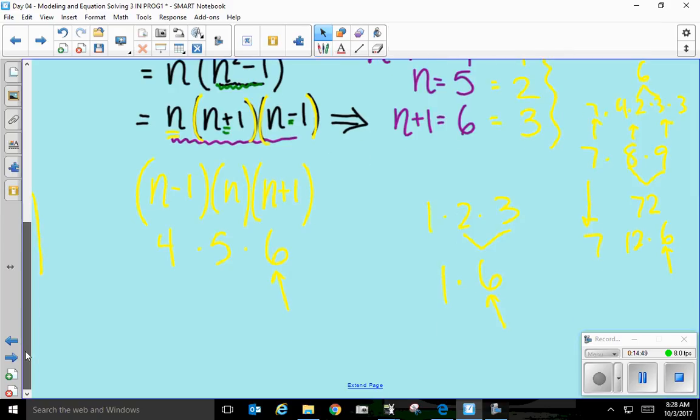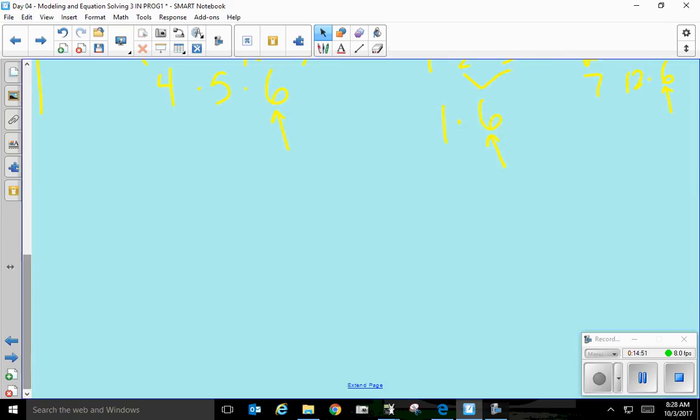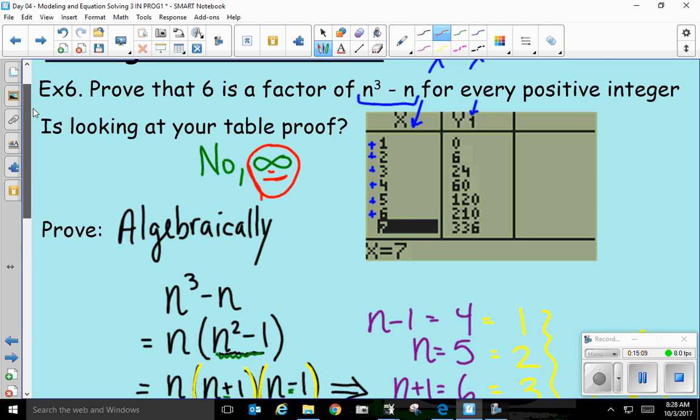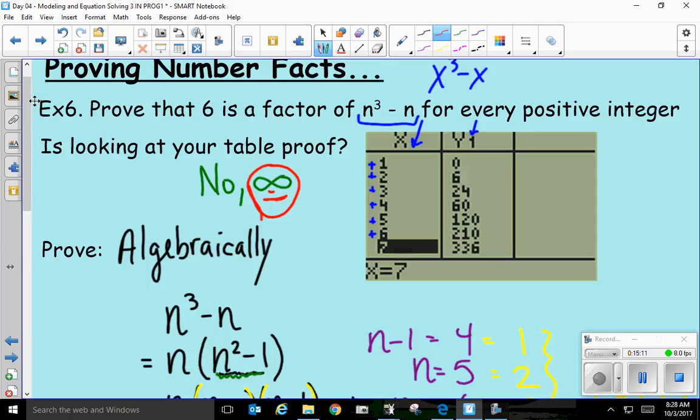Does everybody understand that? With 3 consecutive numbers, well, they said positive, didn't they? Did they say positive numbers? Positive integers. So let's use that, okay?